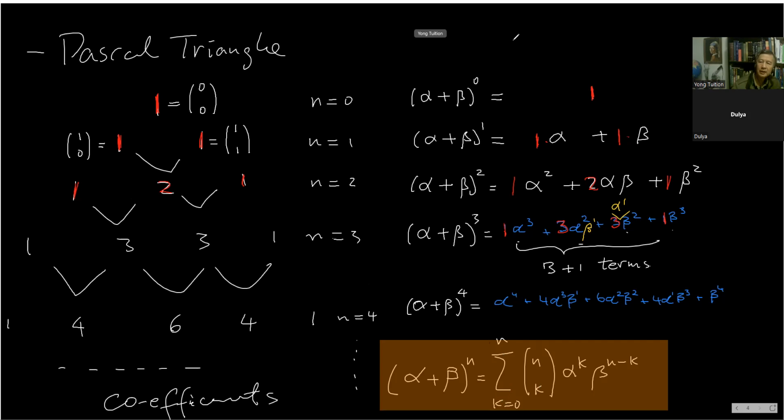K starts from 0. K equals 0, then 1, then 2, then 3. I'm counting now. So there are 4 values of k.